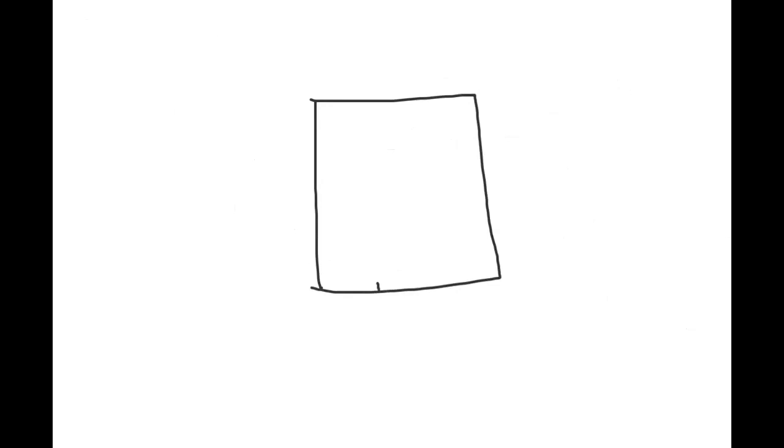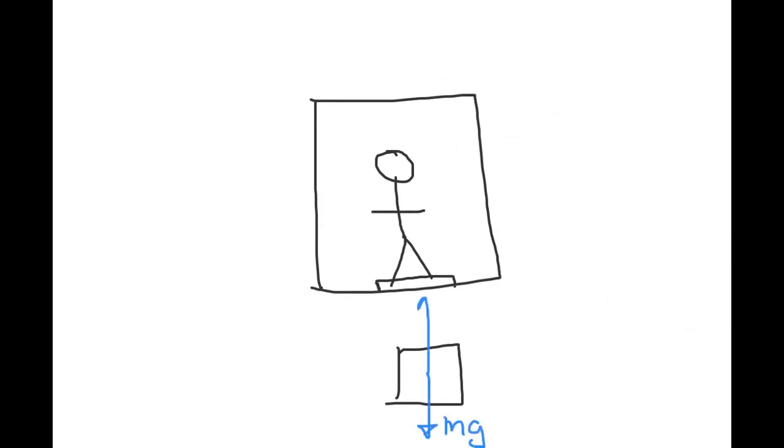So I would like to give you an example. If we have a lift in which we have kept a weighing machine, right? And if I were to simply draw a free body diagram of this person, then the forces acting would be mg due to earth and normal reaction due to the surface of the weighing machine.